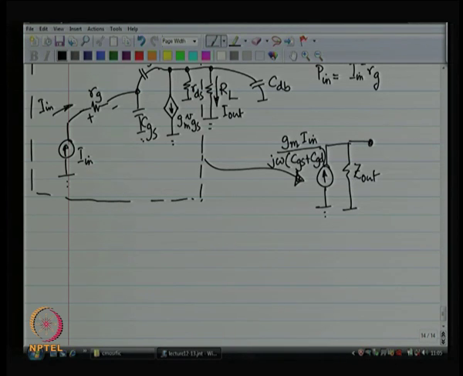All right. So, this is my output current, the Norton equivalent current.